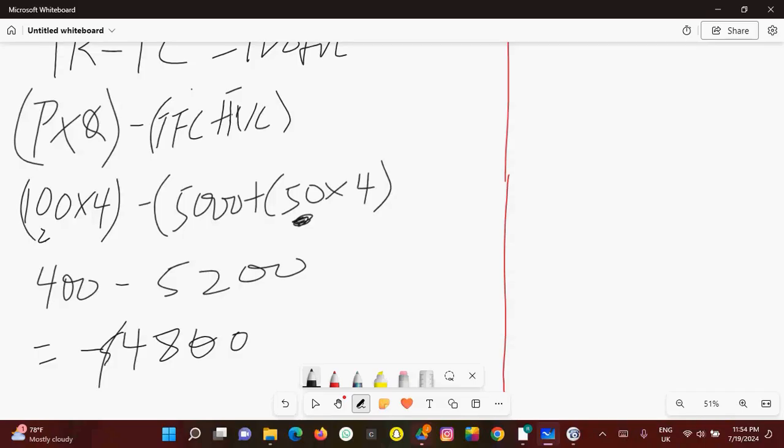Or also, if the firm's revenue is able to cover its total variable cost, it should produce. So here the firm's total revenue is 400, and the total variable cost is 200. So as long as this is the situation, the firm can still produce in the short run, right?